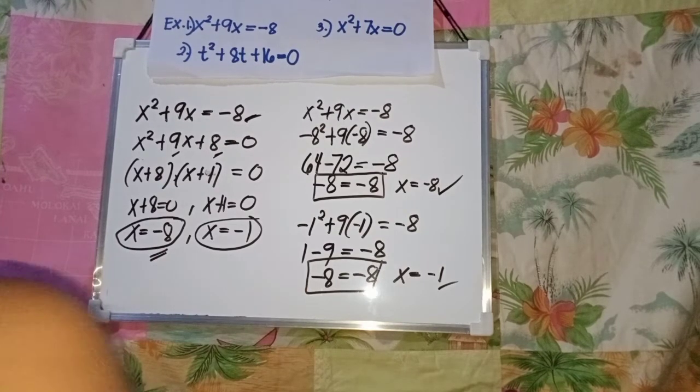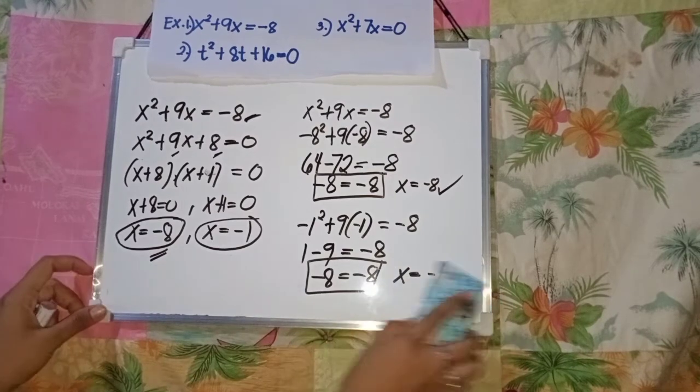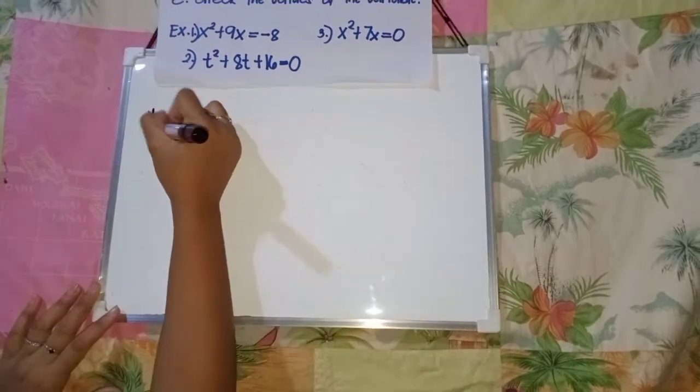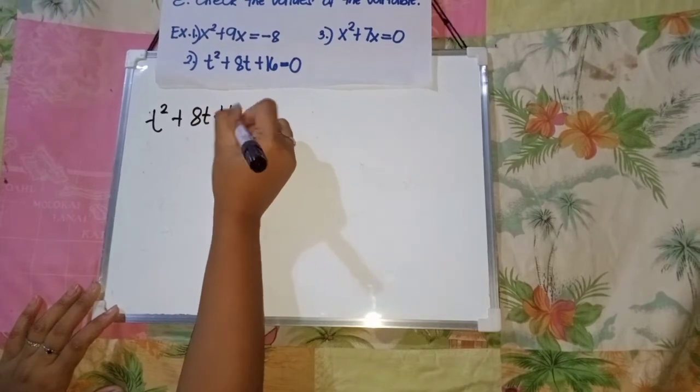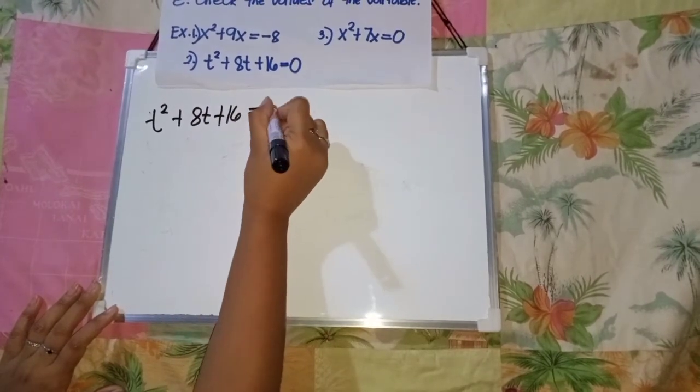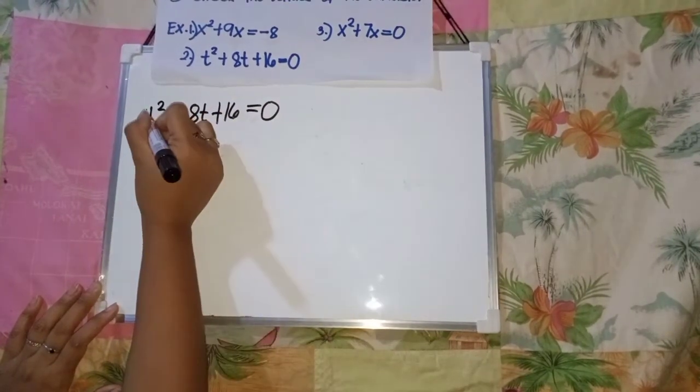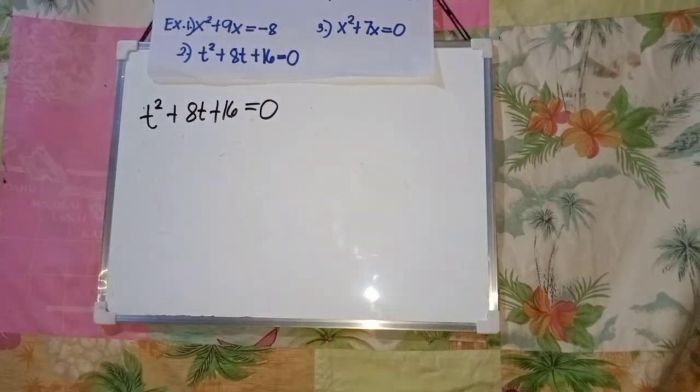So, that's how we do the quadratic equation by factoring. Let's have another example. So, we have here t squared plus 8t plus 16 is equal to 0.